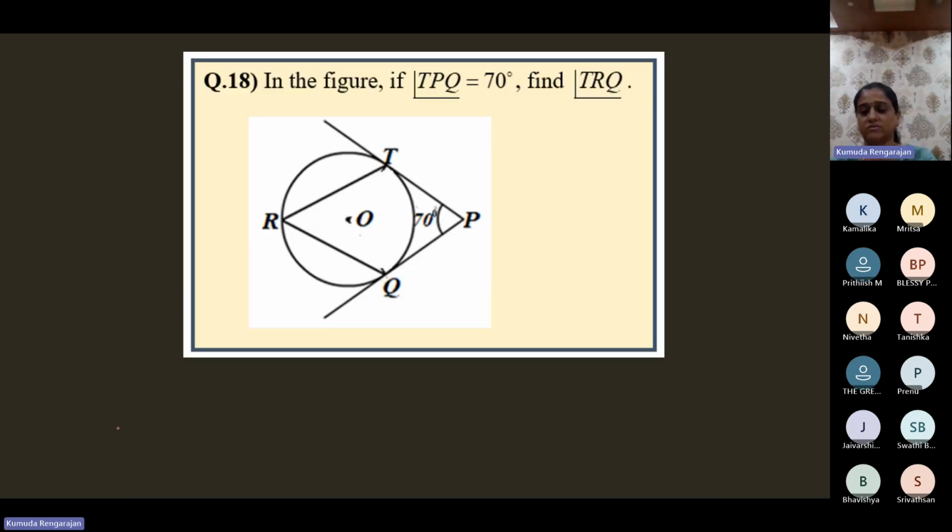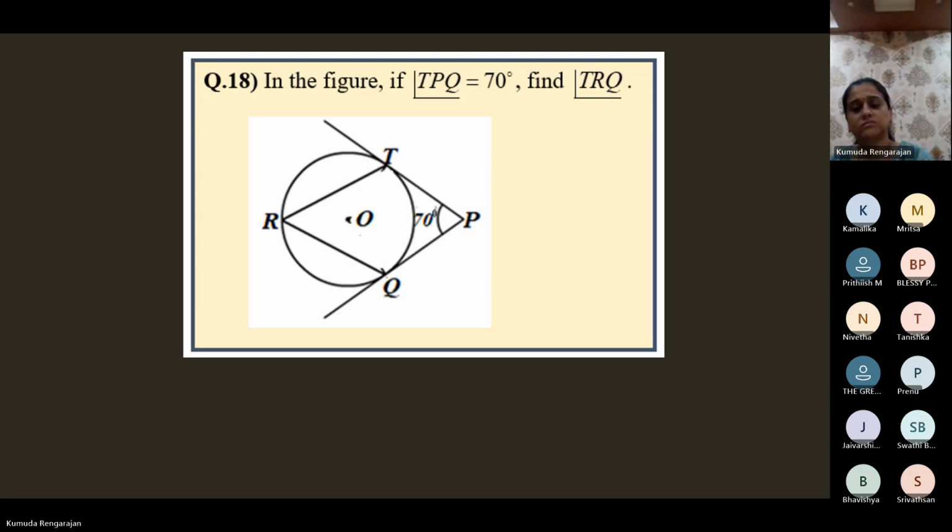Yeah, we'll try this. TPQ is 70. Find TRQ. So join what, children?